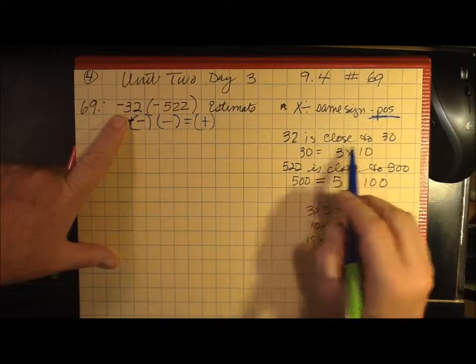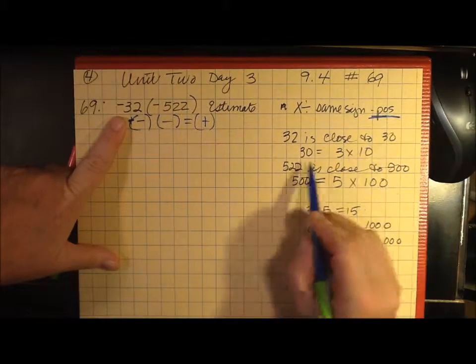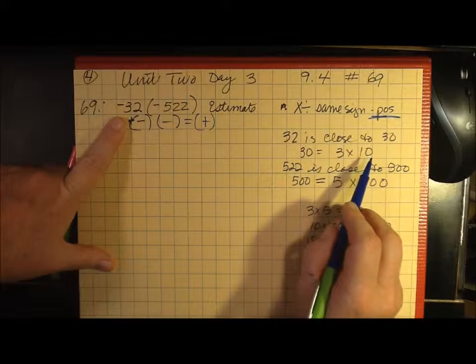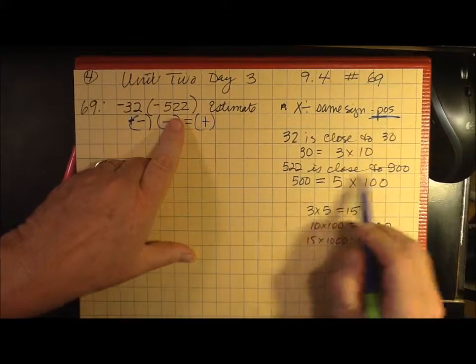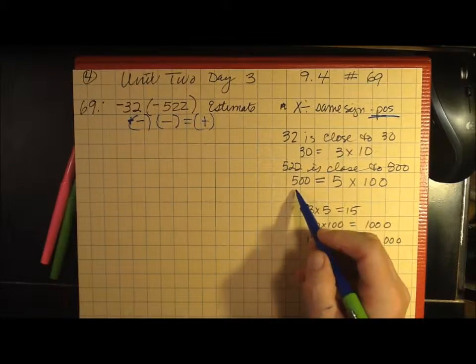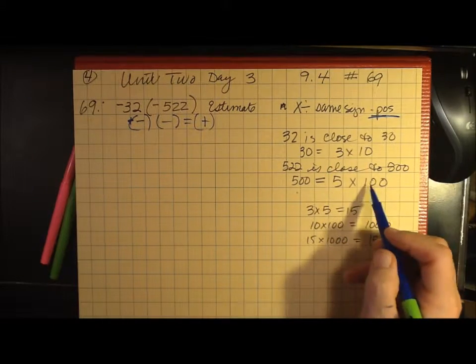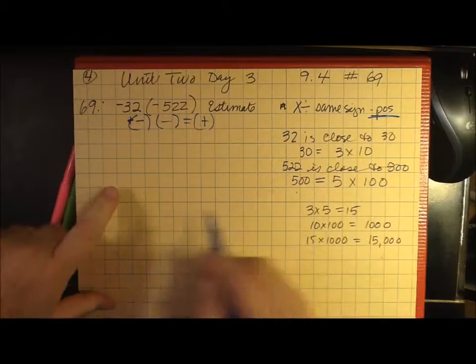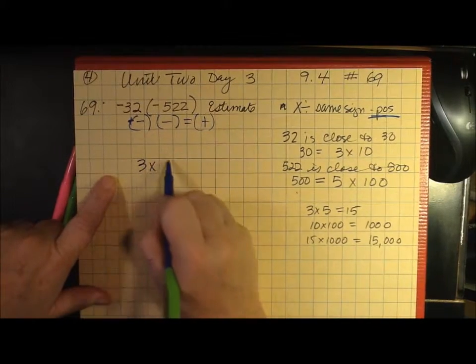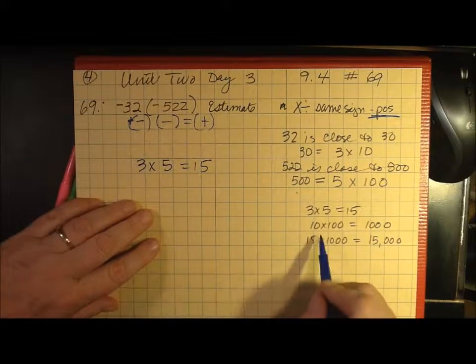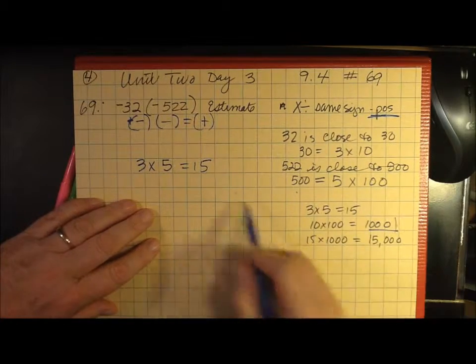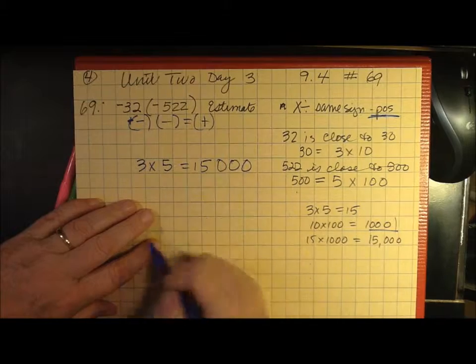32 is really close to 30, and 30 is 3 times 10. 522 is really close to 500, and I know that 500 is 5 times 100. So what if I said 3 times 5 is 15, and 10 times 100 would be adding 3 extra zeros. 1, 2, 3.